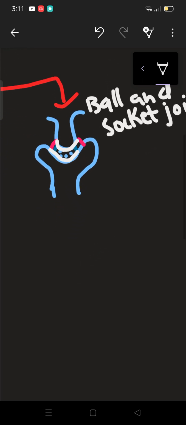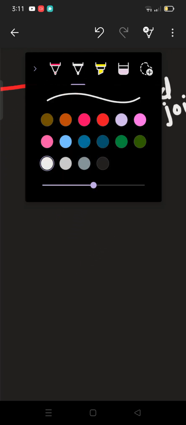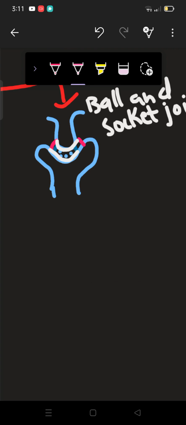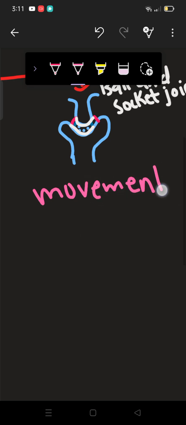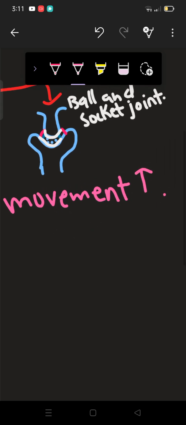Because of its shape, the name we have given is ball and socket joint. Talking about its movement, here we'll have more movement than that one.